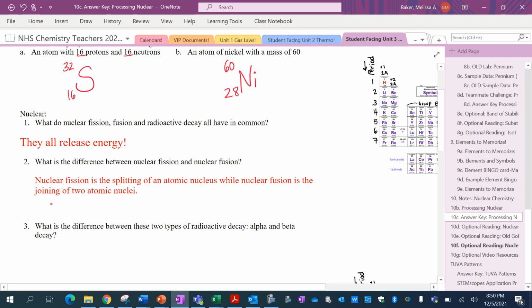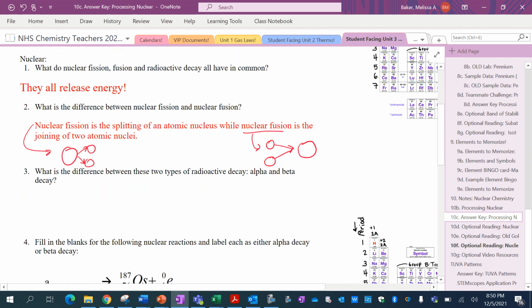So in other words, nuclear fission is one thing splitting up into two smaller things, and nuclear fusion is essentially the opposite. It's two smaller things joining together to form one bigger thing. The sign doesn't look right. There.